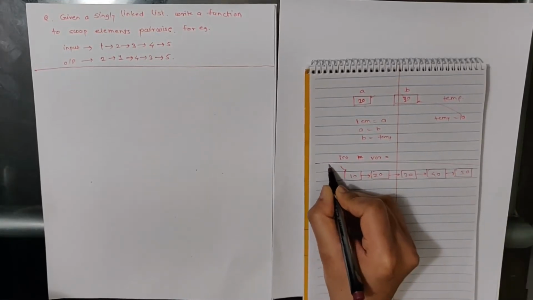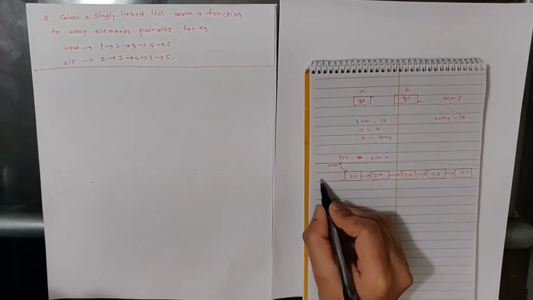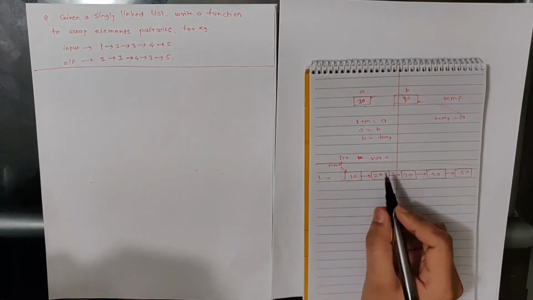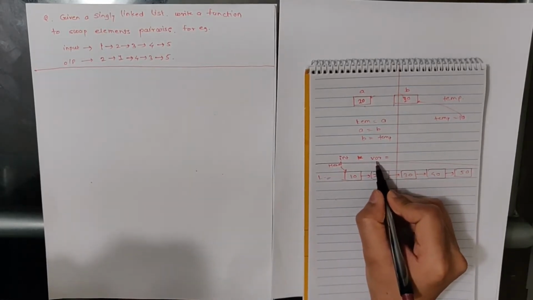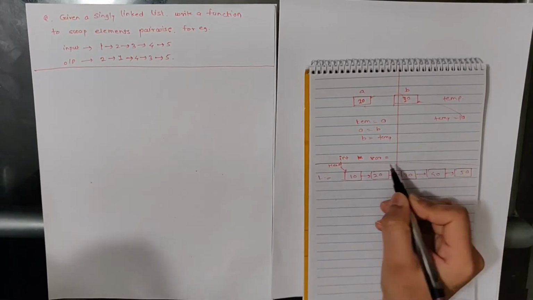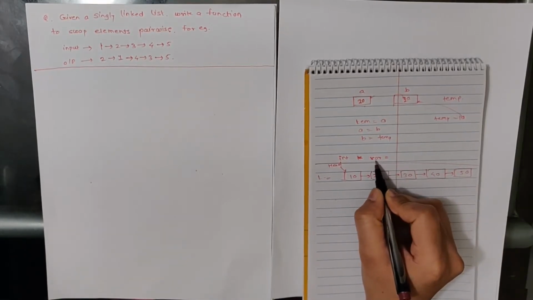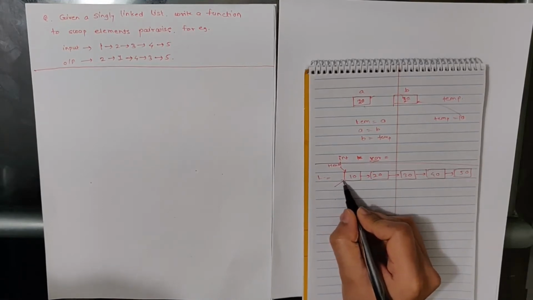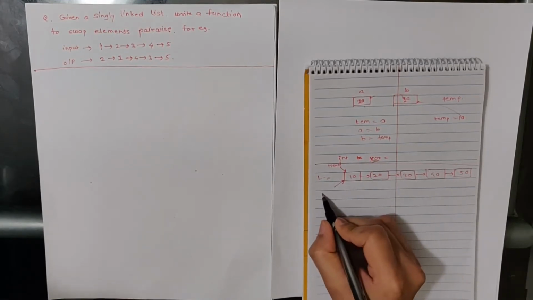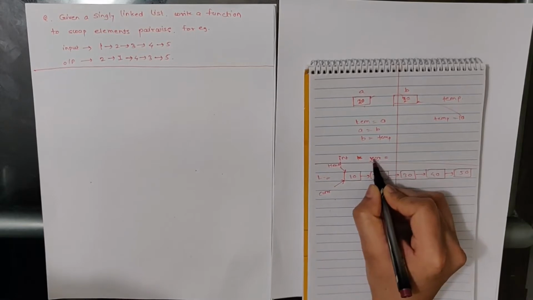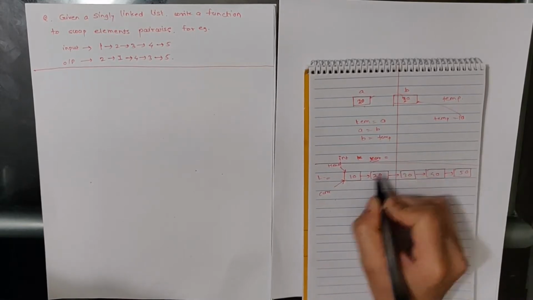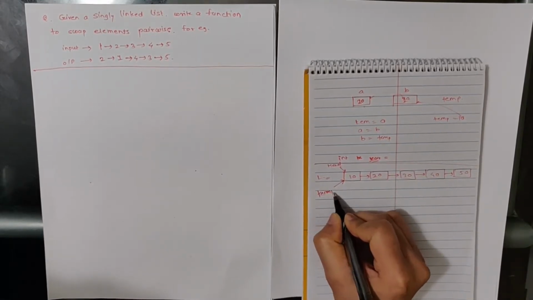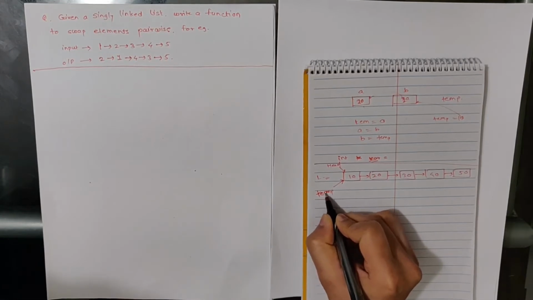Now the given head node is here and this is the list given. Here we will use a temporary variable, or we can use any variable, and then we will use one more node here, that we can call the current node, or we can say temp here, so that it will be easy for swapping.